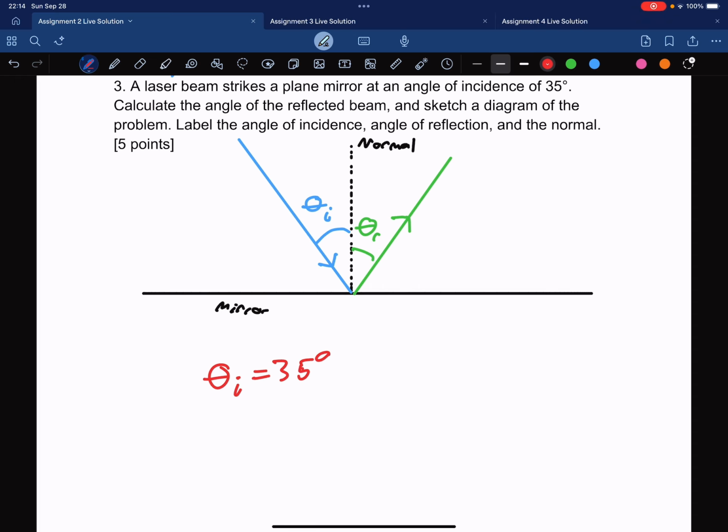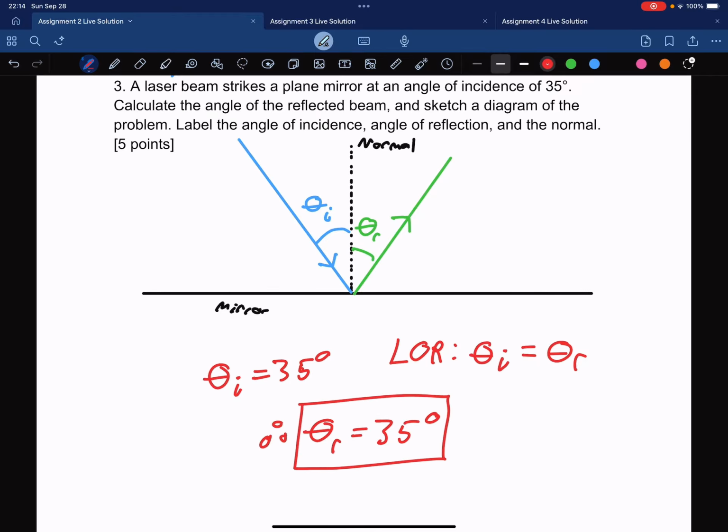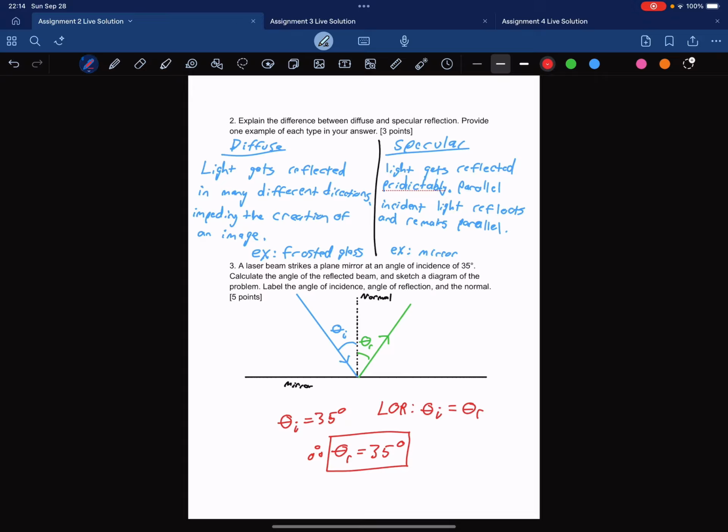We know from our law of reflection that the angle of incidence is equal to the angle of reflection. Therefore, the angle of reflection equals 35 degrees. They are equal. So that is question 2 and 3.